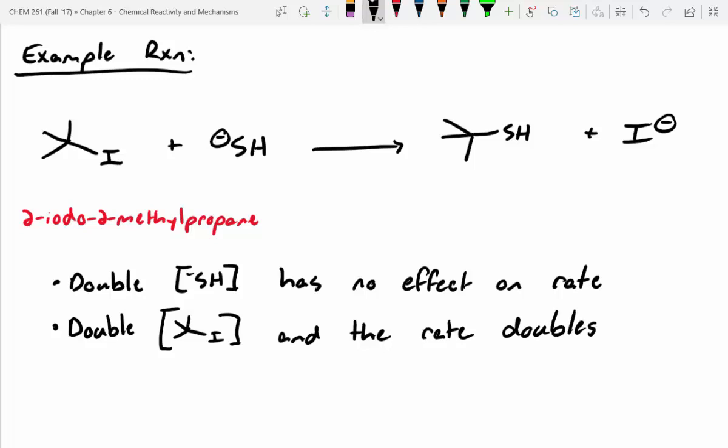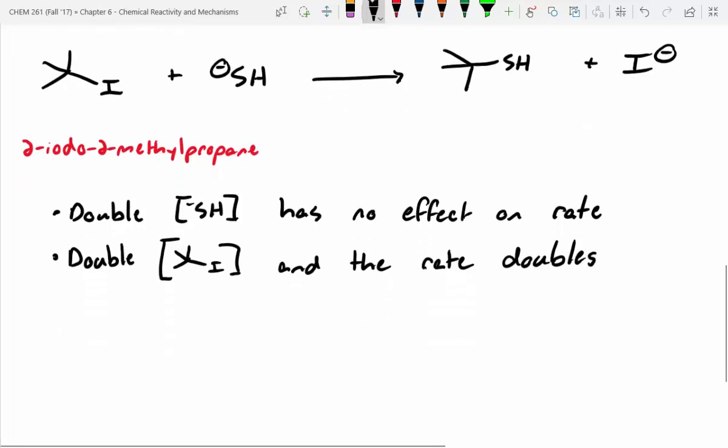All right, so first what we need to do is to determine what the rate equation would be for this reaction. What do you guys think it should be? We don't know what the little k is, but what should we include? Should we include the sulfur component, the alkyl halide component, or both?